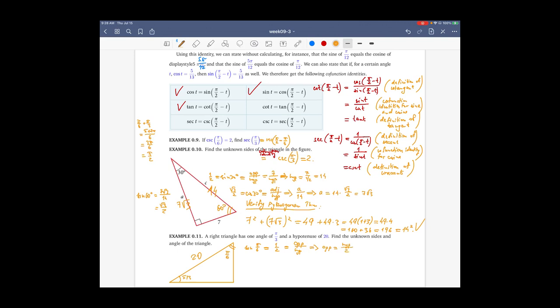In our situation, hypotenuse is 20, so the opposite leg here will be 10. To find the other leg, we can use the Pythagorean theorem, or we can use the definition of sine or cosine for any of these angles.